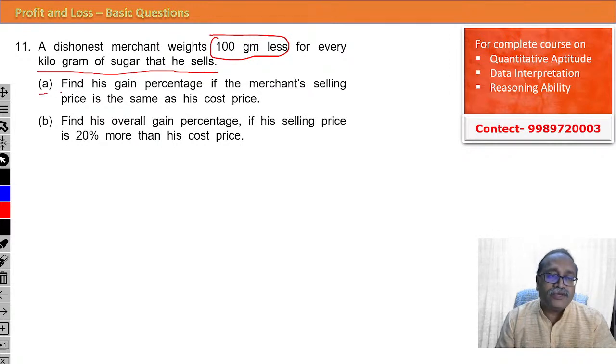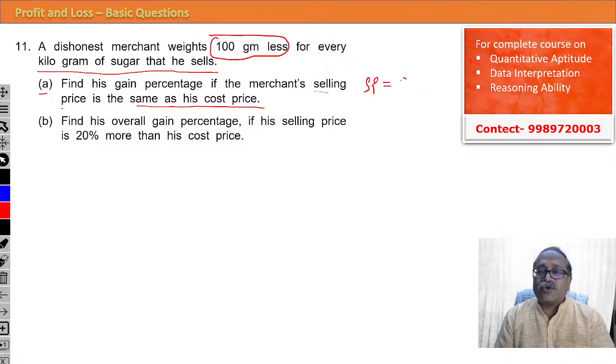Now, अब पूछा जा रहा है find his gain percentage if the merchant selling price is the same as of his cost price. Selling price is the same as cost price. तब प्रॉफिट परसेंटेज क्या होगा. सेकंड क्वेश्चन है इसी में, फाइंड द ओवरऑल गेन परसेंटेज इफ द सेलिंग प्राइस इज 20% मोर देन द कॉस्ट प्राइस.